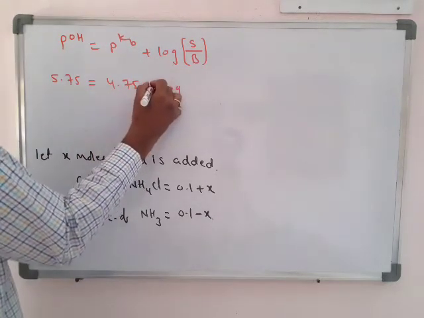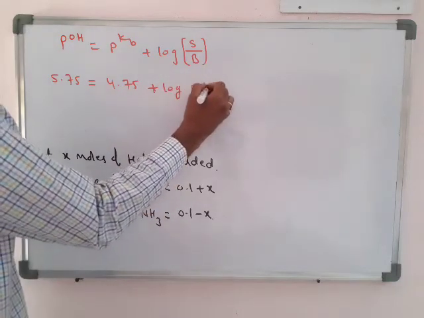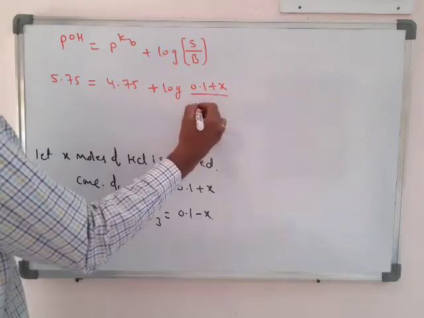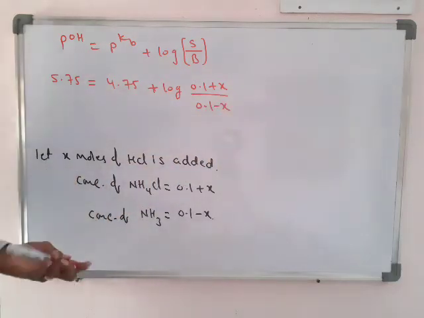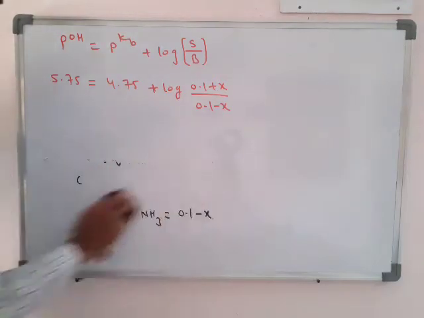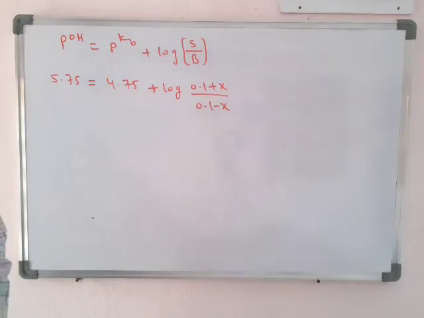Plus log of, the salt concentration is 0.1 plus x, and the base concentration is 0.1 minus x. So on simplification we will get the moles of acid.